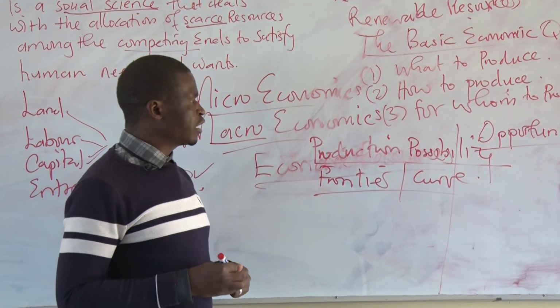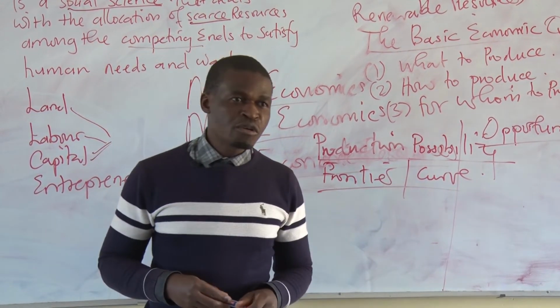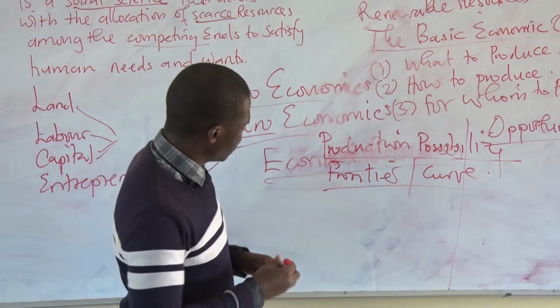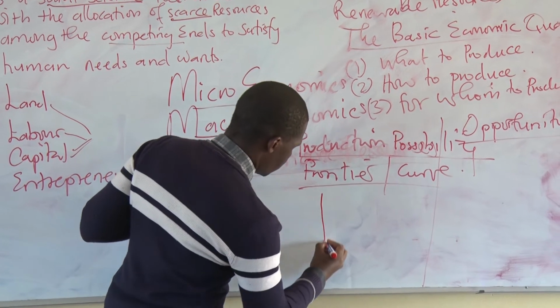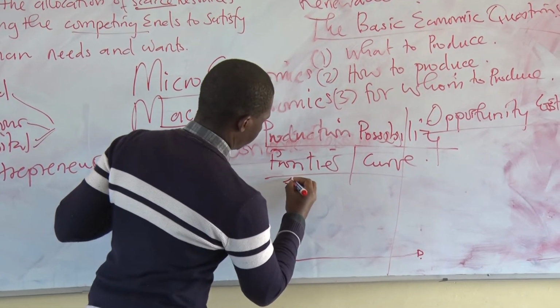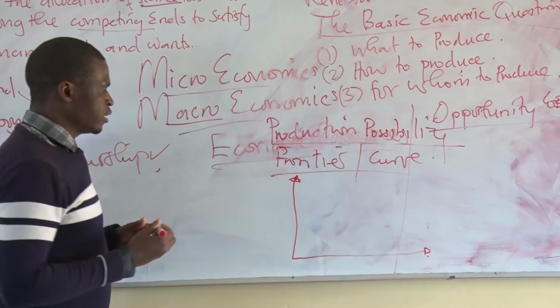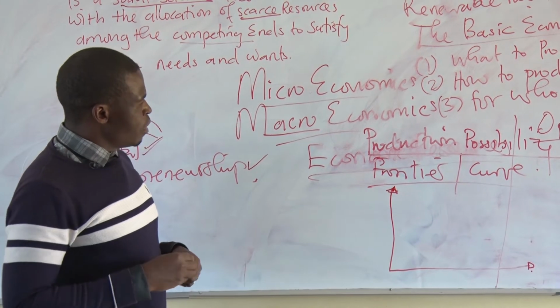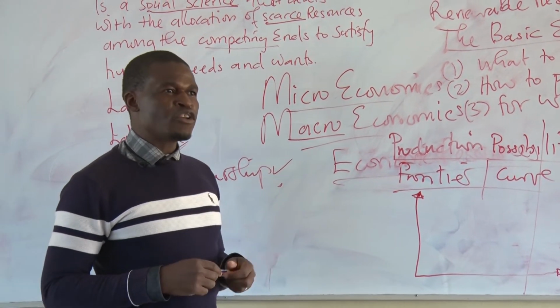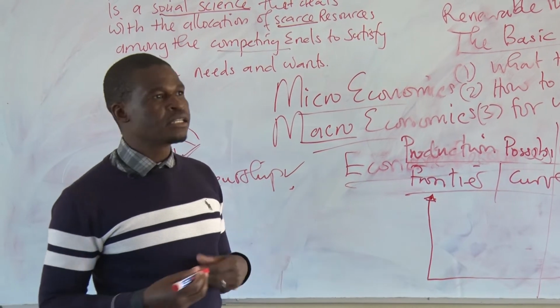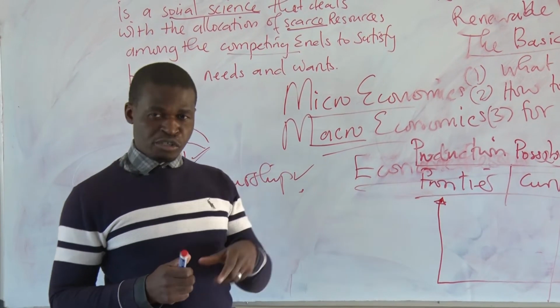With this production possibility frontier, we are assuming that we are only producing two types of goods. Right? We are faced with an economy which is trying to decide on whether to produce pharmaceuticals or agricultural products with the same type of resources.